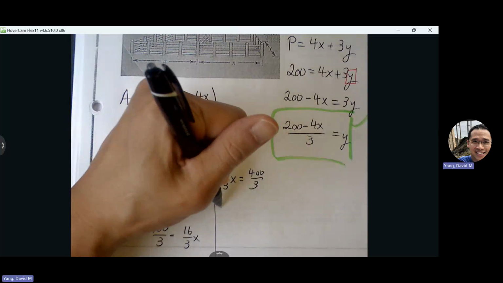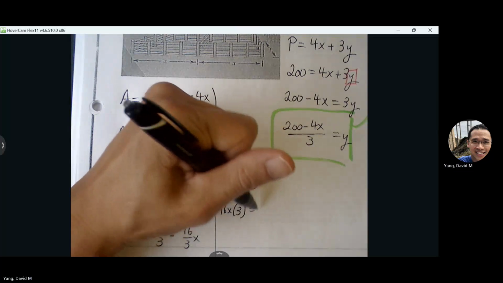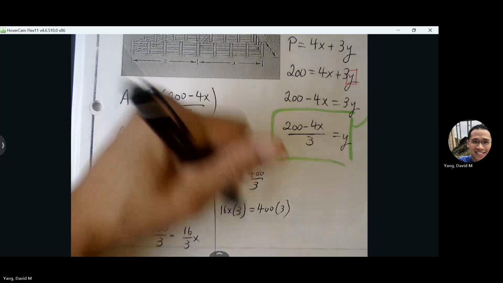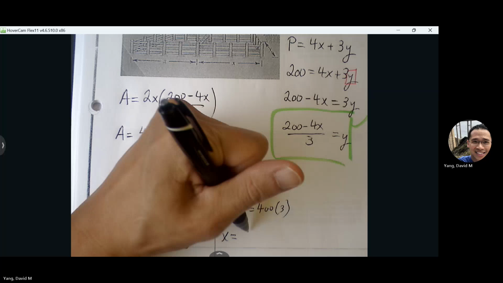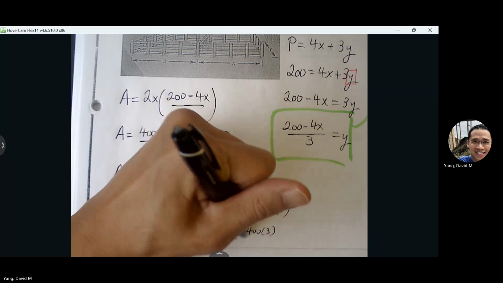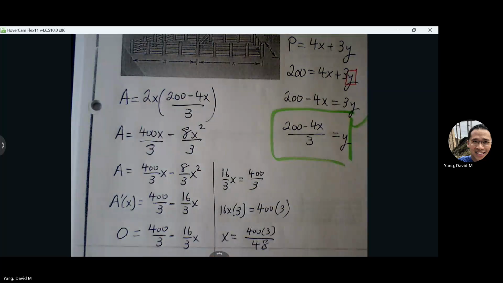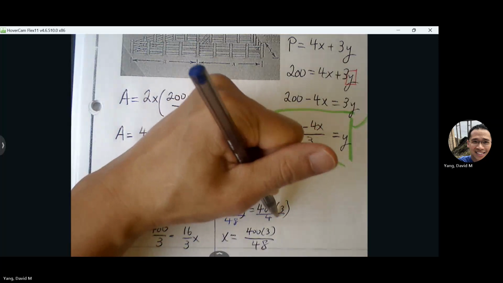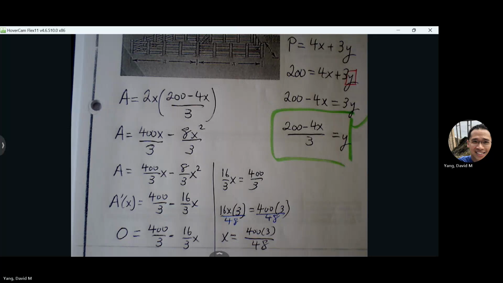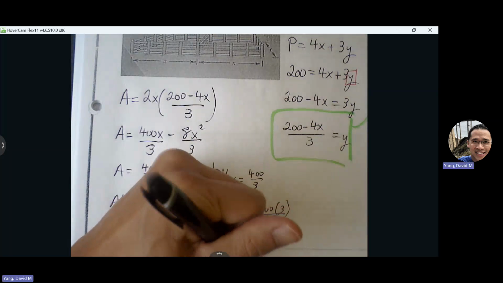Cross multiply. Divide both sides by 48. I got x is 25.